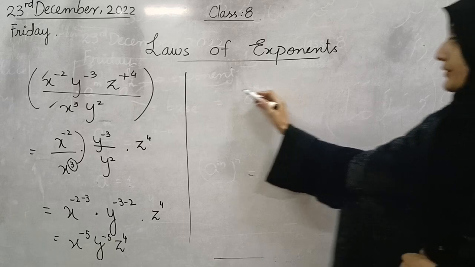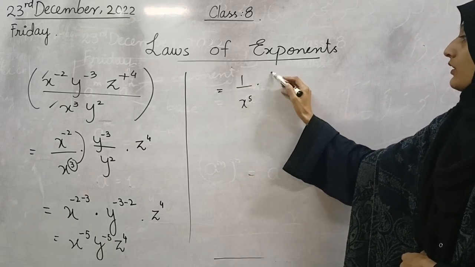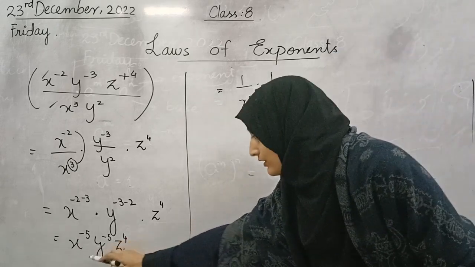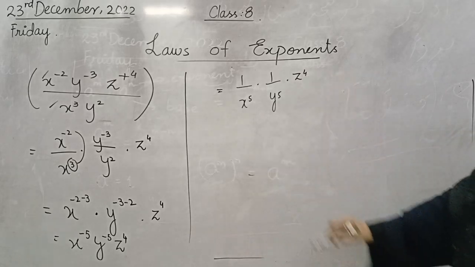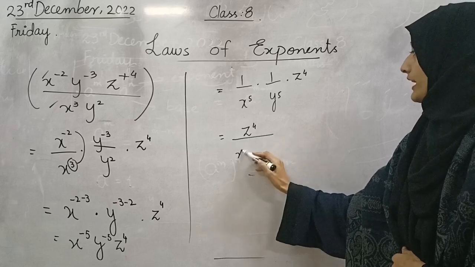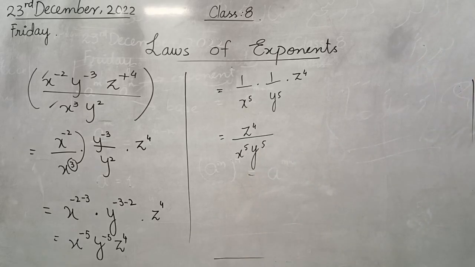So what will we do? 1 over x raised to power 5, 1 over y raised to power 5. These are the reciprocals of these two, and z raised to power 4 will remain as it is. And the final answer is z raised to power 4 over x raised to power 5 y raised to power 5. This is your final answer. Is it okay?